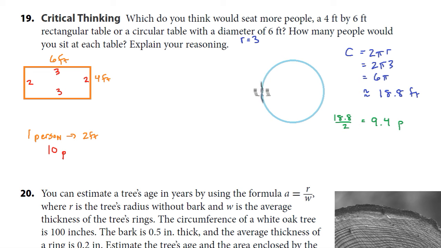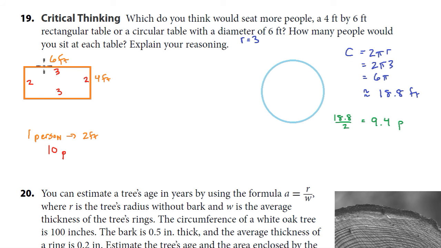If you do 2 feet per person all the way around, you for sure can fit 9 people and probably one more person. And over here your issue is you really don't have 2 feet for each person, because if you look at this, actually yeah, there's exactly 2 feet here.